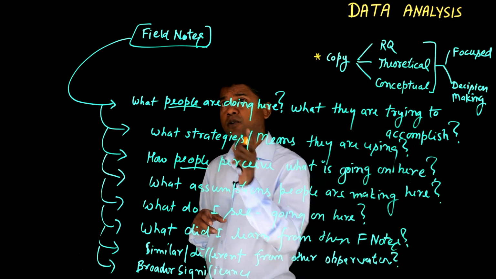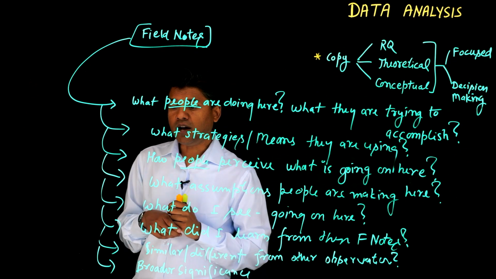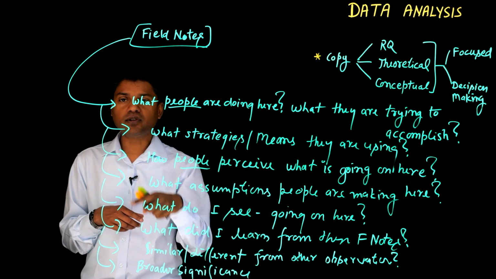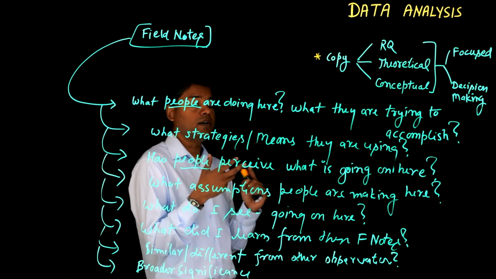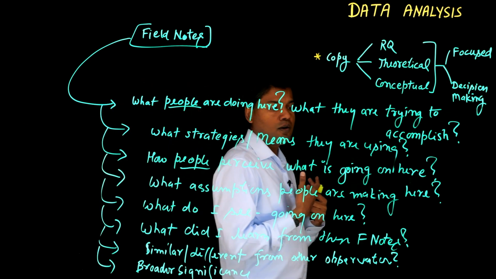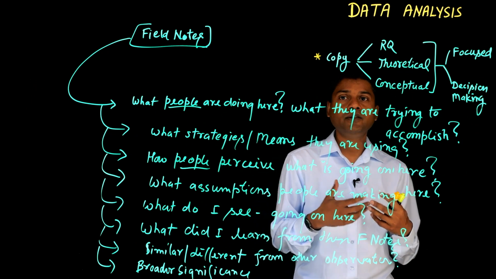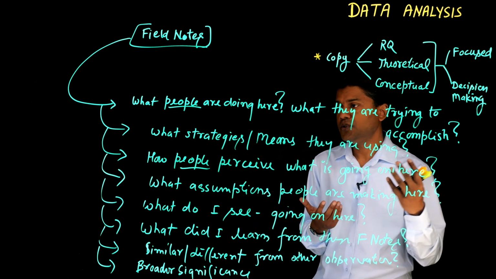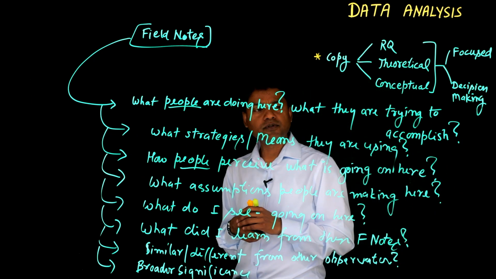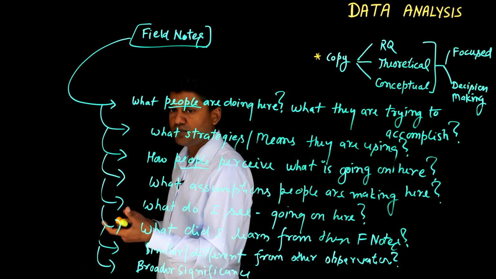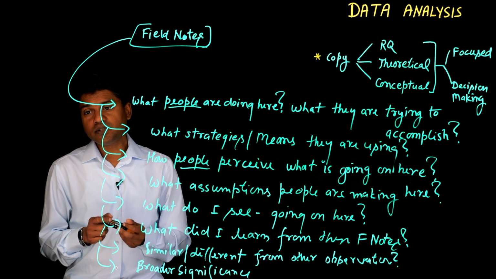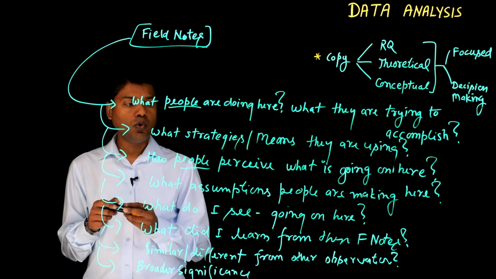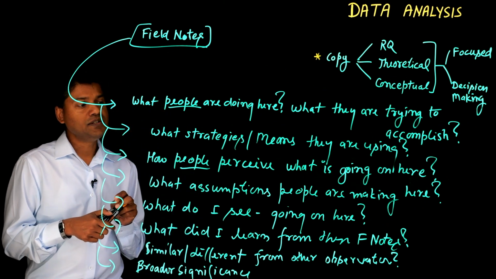Further, about field notes, have this list of questions in front of you. What are people doing here, and what are they trying to accomplish? What strategy or means are they using to accomplish what they are doing, and how do people perceive what is going on? What is their perception of what is happening in that setting? What assumptions are these people holding?